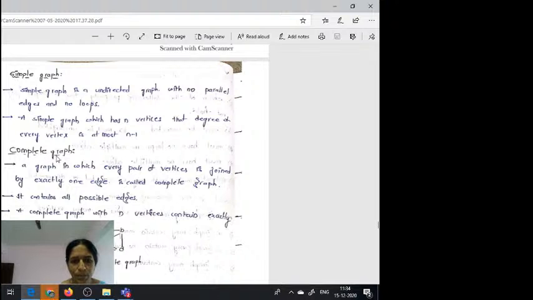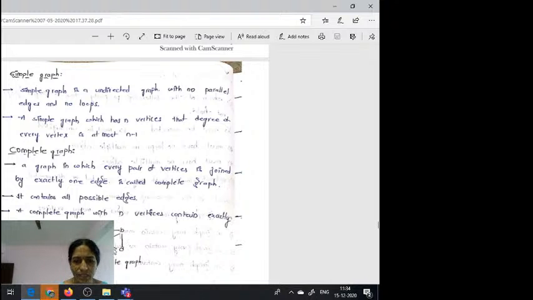That means complete graph in the sense, pick any vertex, that vertex is adjacent to all the remaining vertices. That means in a complete graph all the vertex degrees are the same. You can observe here, this is the complete graph. The degree of A is 3 and the degree of B is 3, as well as C and D. All vertices have degree 3.